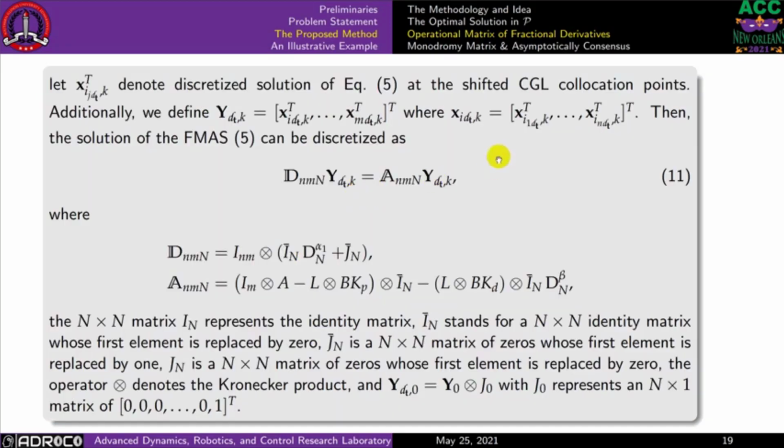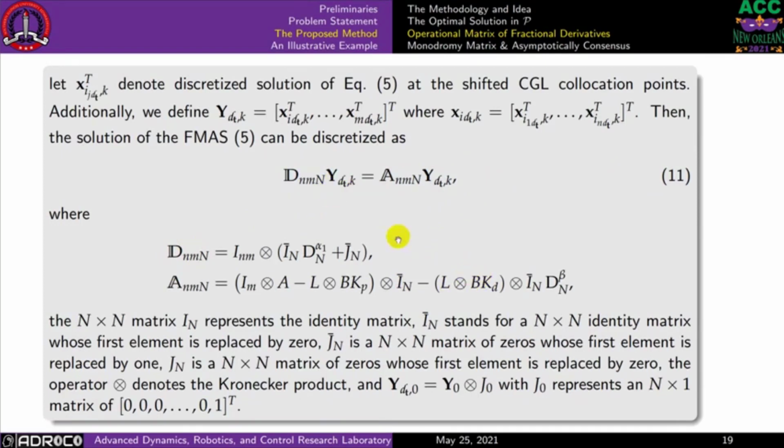To be able to discretize the whole solution, taking advantage of this differentiation matrix, we're using some discretization techniques, the full details of which are provided in the paper, and we are omitting those in this presentation to save time. But eventually we can show that the solution is given by equation 11, where we have some discretization operator.